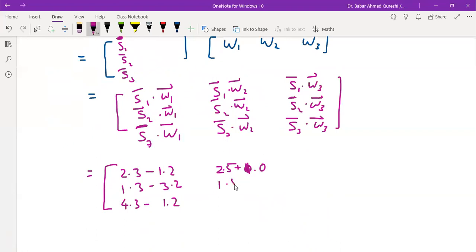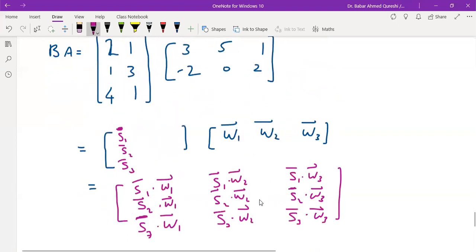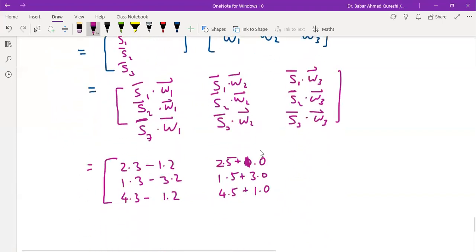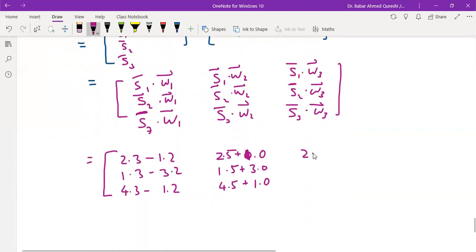Then 1 into 5 plus 3 into 0. Then 4 into 5 plus 1 into 0. The last vector has 1, 2. So 2 into 1 plus 1 into 2.